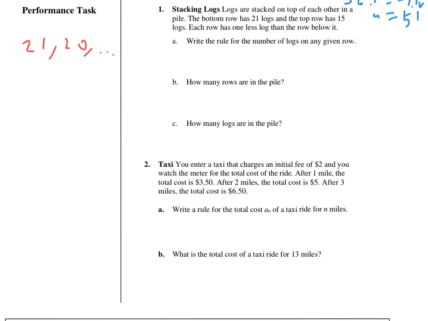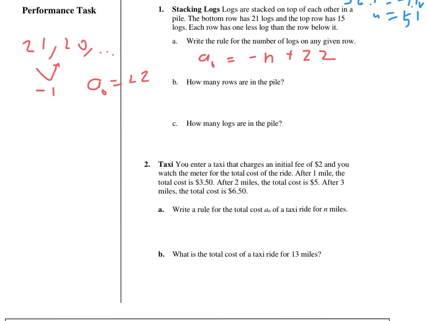If you said the top row is the first row, I could actually understand that. I'm going to say, though, it's the bottom row, okay? So we can see here our common difference is minus 1. We know our hypothetical term in front of the first term would be 22. So I'm going to say a sub n equals negative 1n plus 22. You can see that when I plug in a 1 there, it's going to give me 21 and so on.